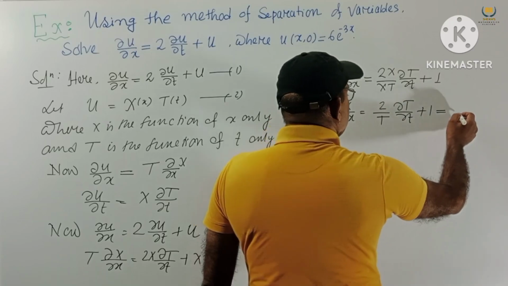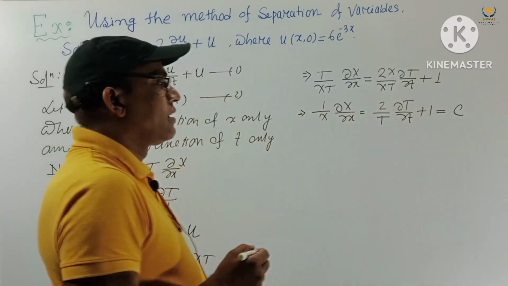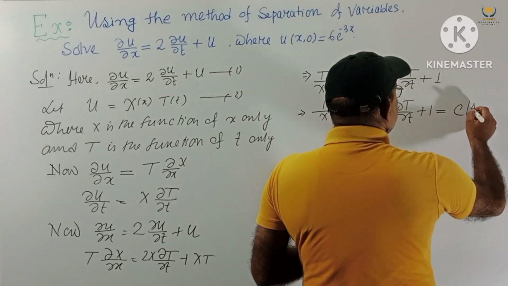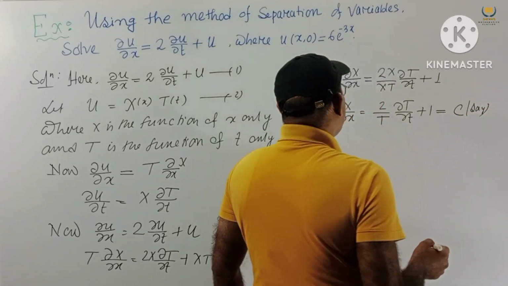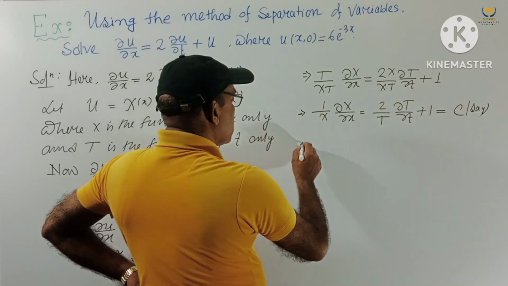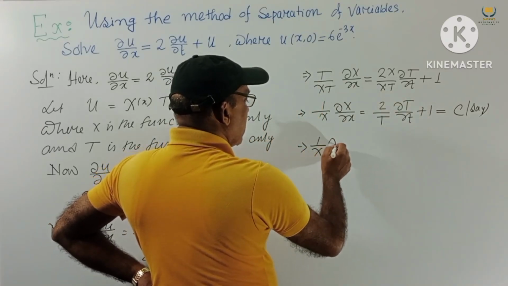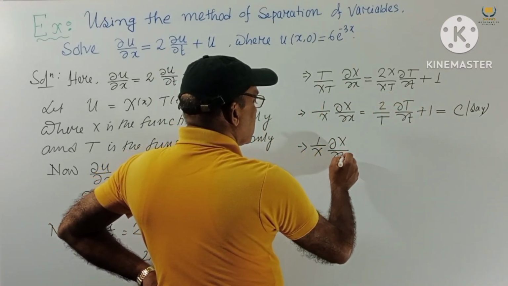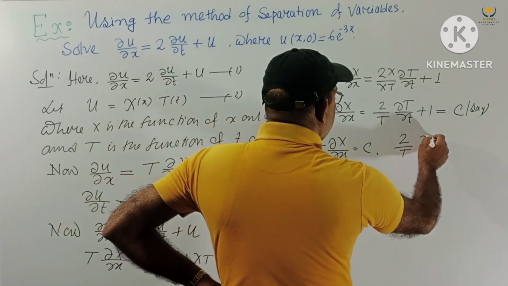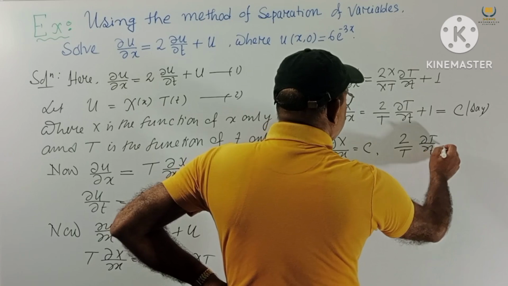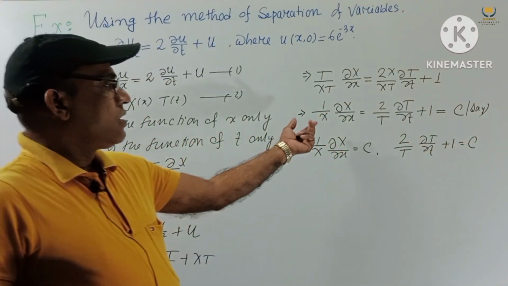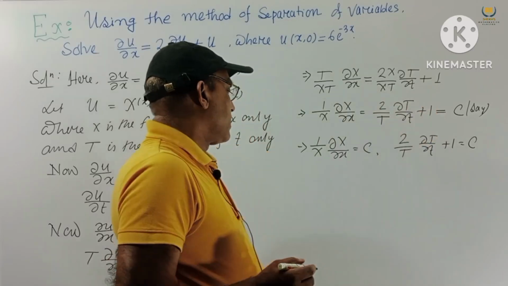This is equal to, we consider c. These two are equal and we consider another equal number c. So what we get: this equals c, this equals c. So this implies 1/X ∂X/∂x = c, and 2/T ∂T/∂t + 1 = c.